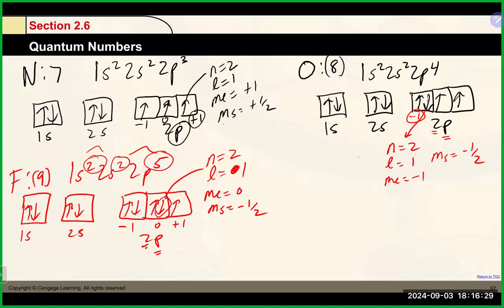And lastly here, we'll go with neon to finish out the first 10. And that's going to give us 1s2, 2s2, 2p6. And that should completely fill us up here.